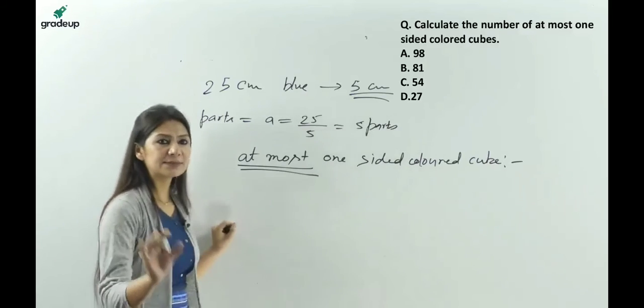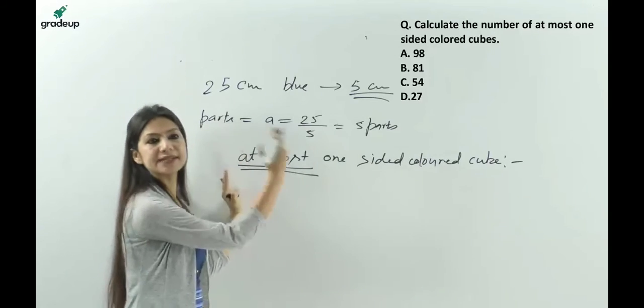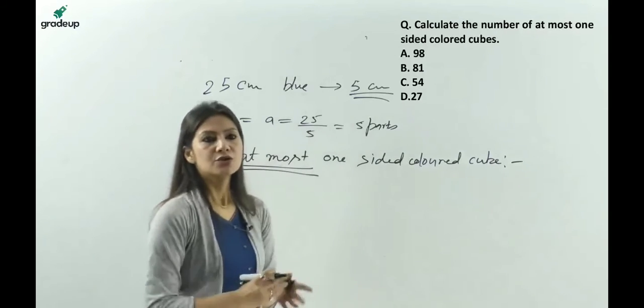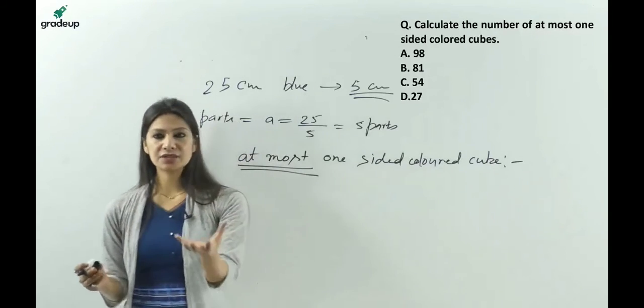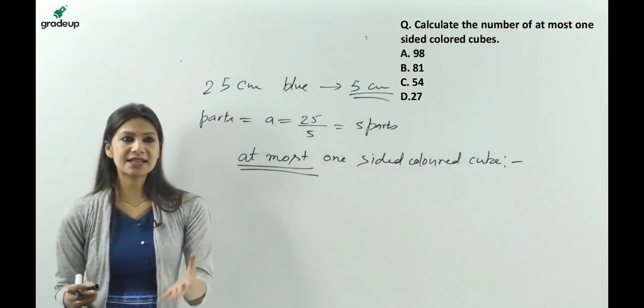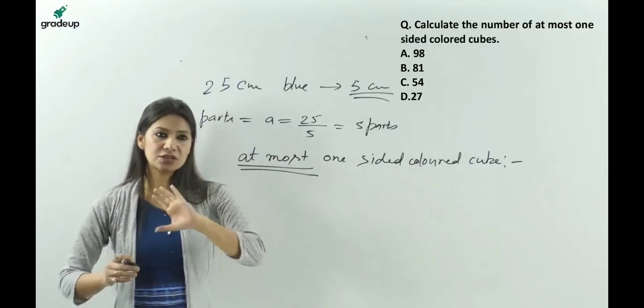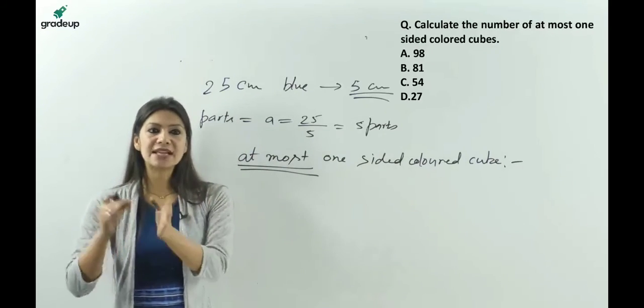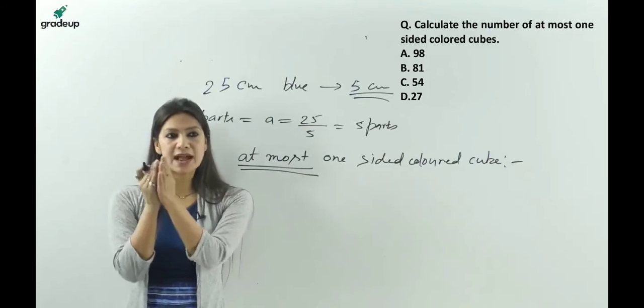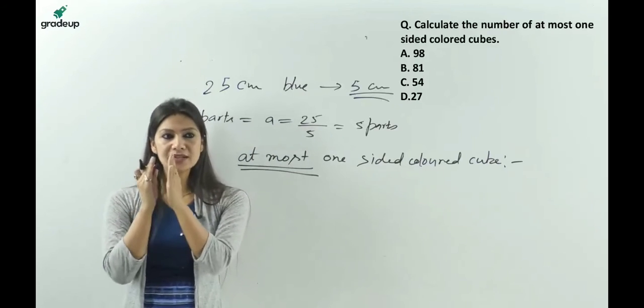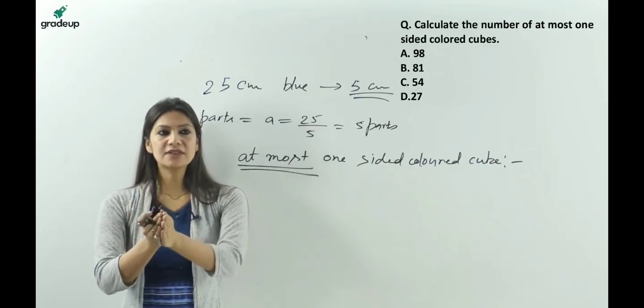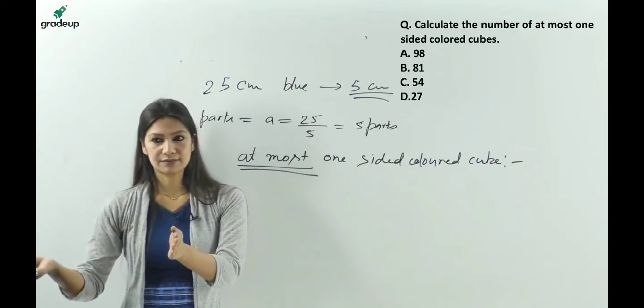Okay, let me explain. At most means maximum. For example, your mother has given you 10,000 rupees, or is just saying that you don't need to spend more than 10,000. So 10,000 is the at-par situation. You can go with that money, but not above that.